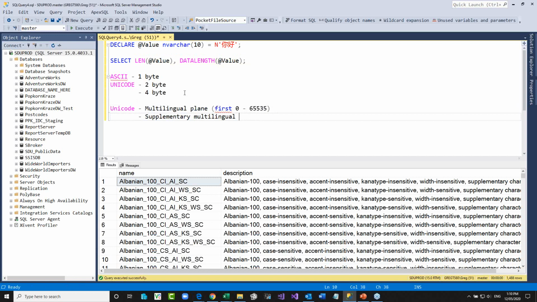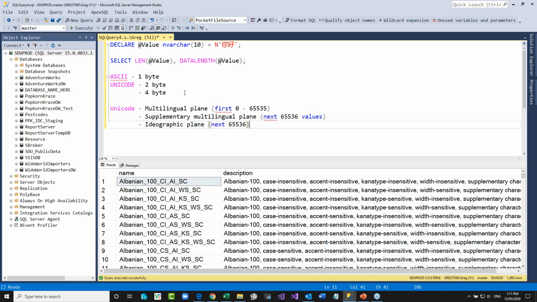What they then have is a supplementary multilingual plane, and that's the next 65536 values. That's the one that fixes the problems that we had with the previous languages. Then there's an ideographic plane, and this is the next 65536.